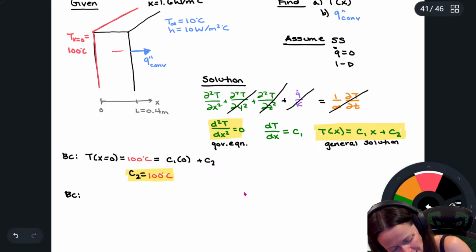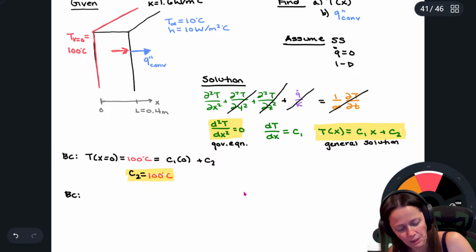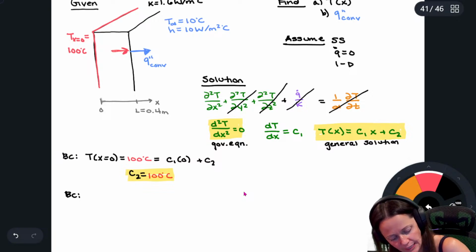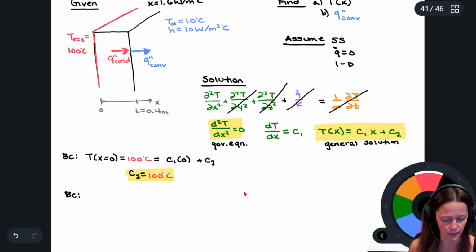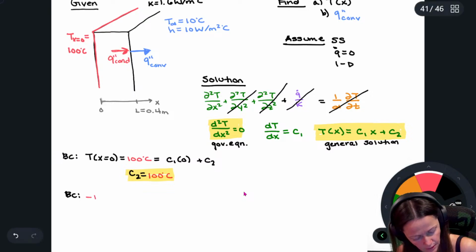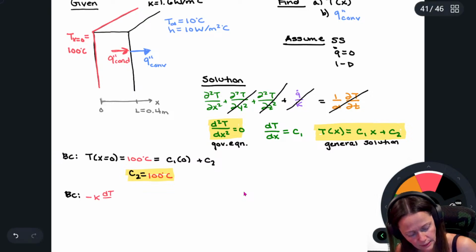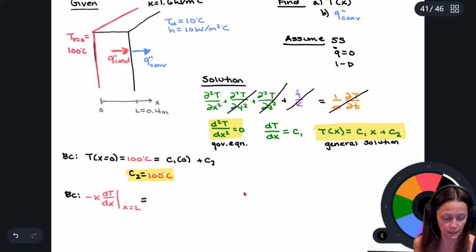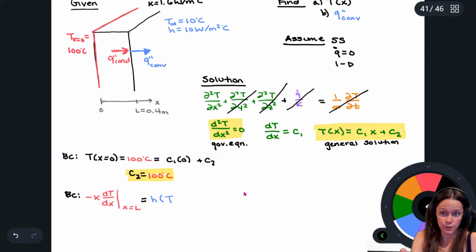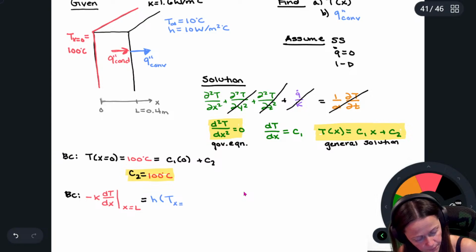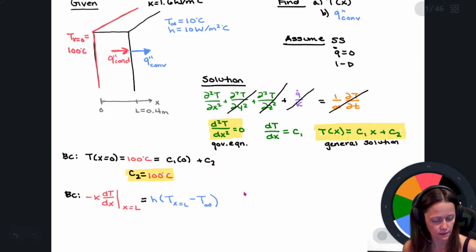So I could define a Q by convection or a Q by conduction here at x equals L. Negative k dT/dx at x equals L is going to be equal to Q by convection, which is h times T at that surface, x equals L, minus T infinity.